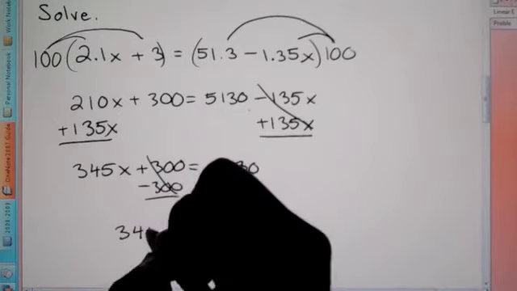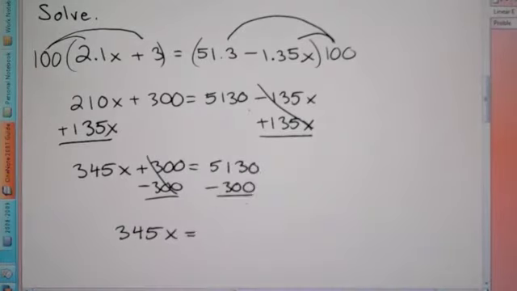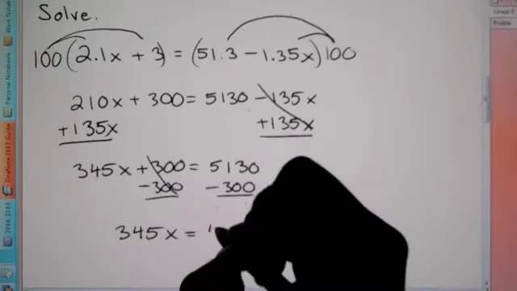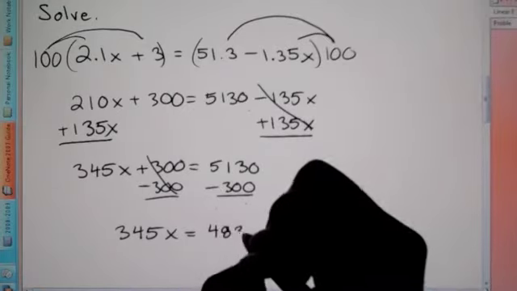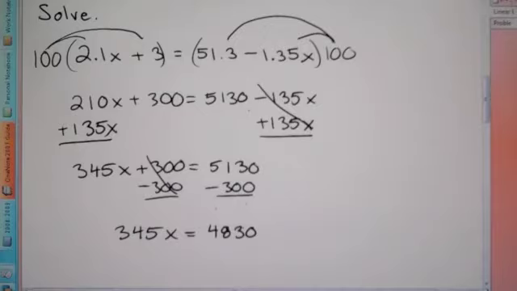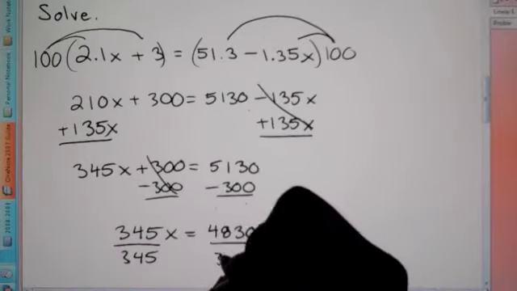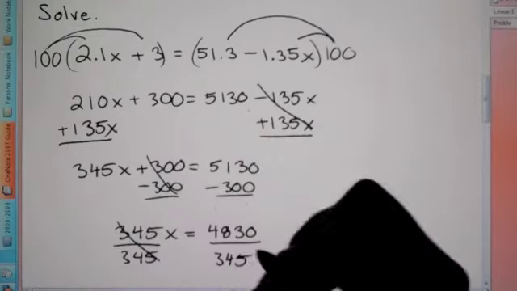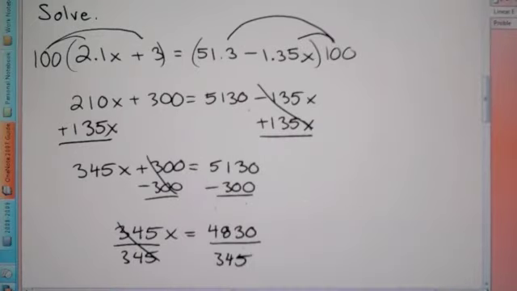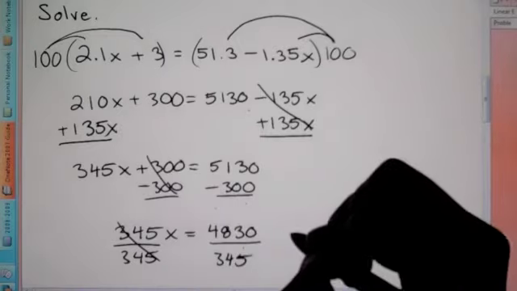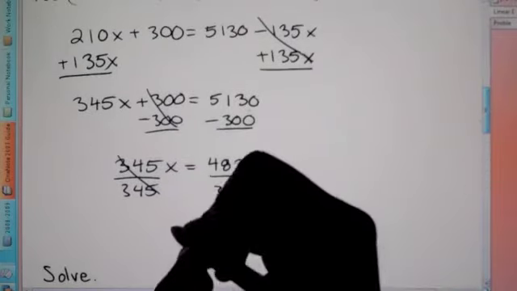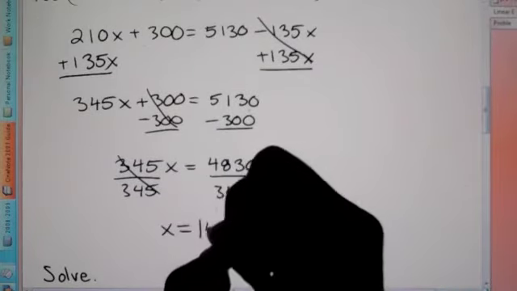I'm left with 345x is equal to 4,830. So now when I divide, I'm going to take my calculator out because I sure don't want to do this by hand. I have 4,830 divided by 345. And if I do this correctly, I get x is equal to 14.